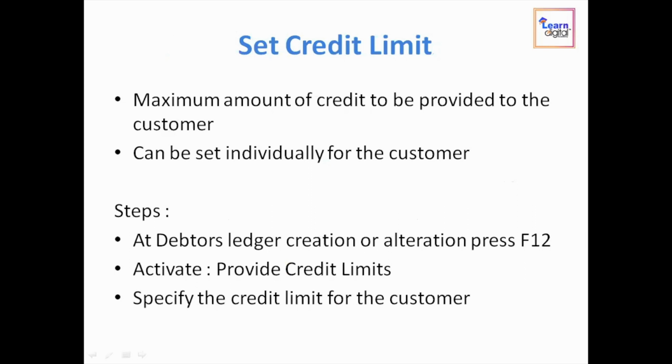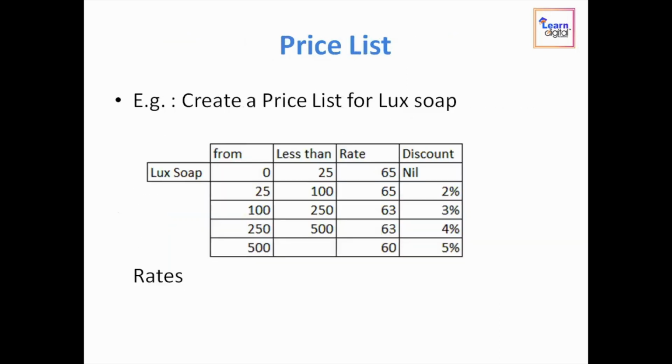And we can set the credit limit for the debtors. The maximum amount of credit to be provided to the customer can be set, and we need to set this individually for each and every customer. Beyond that amount, we cannot enter the transaction. It doesn't allow us to enter the transaction if the amount gets crossed for that particular debtor. So these are the different Tally invoicing features and configurations.